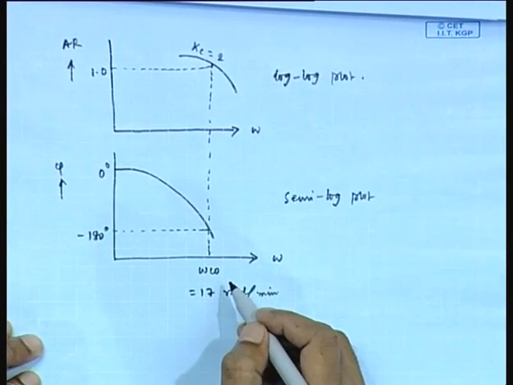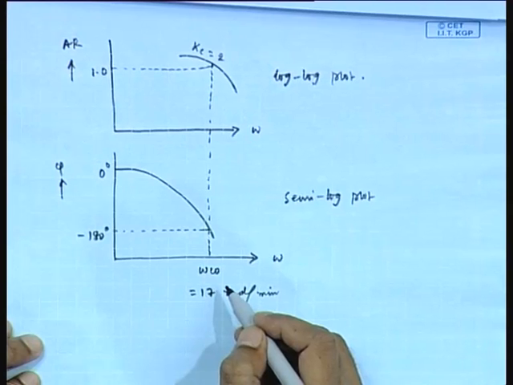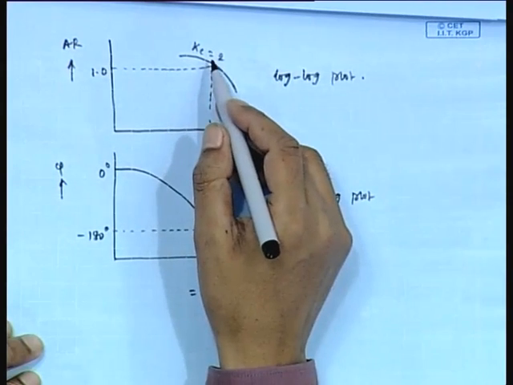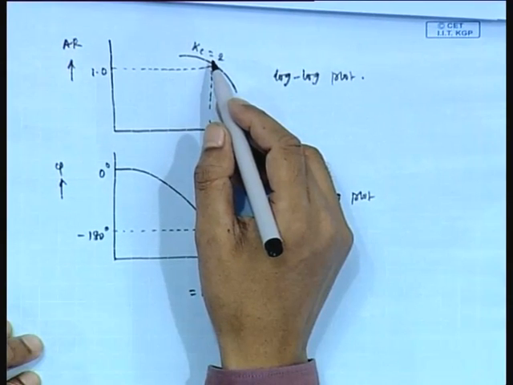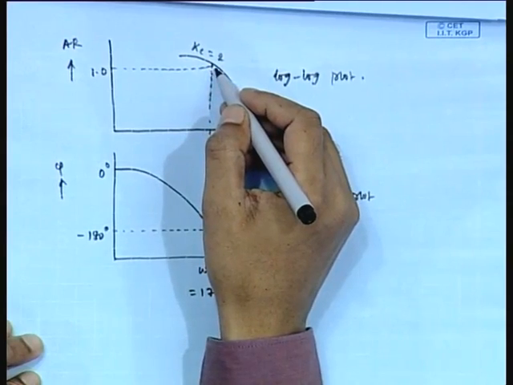Now, we have obtained amplitude ratio 1 when Kc is 2 at crossover frequency. We obtain amplitude ratio 1 when Kc equal to 2 and omega equal to omega CO. Therefore, we have drawn this.